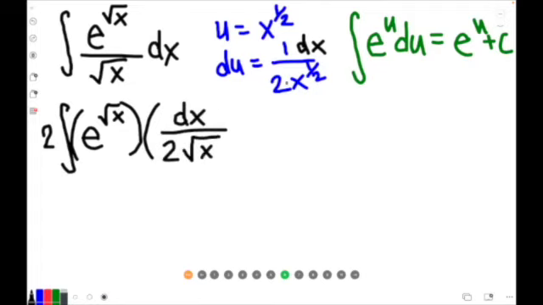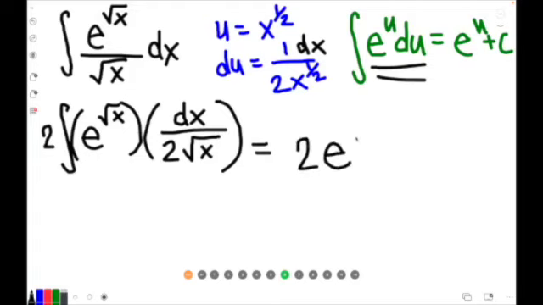So now pretty much we have dx over square root of x, and that is looking much like this one. So all we need to do now is to substitute. So our answer therefore should be 2 e raised to our u, simple as that, plus c.